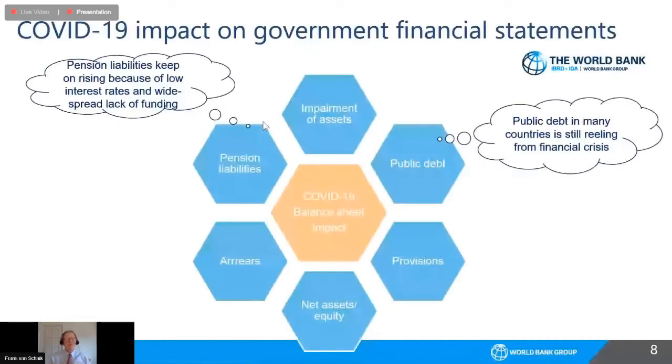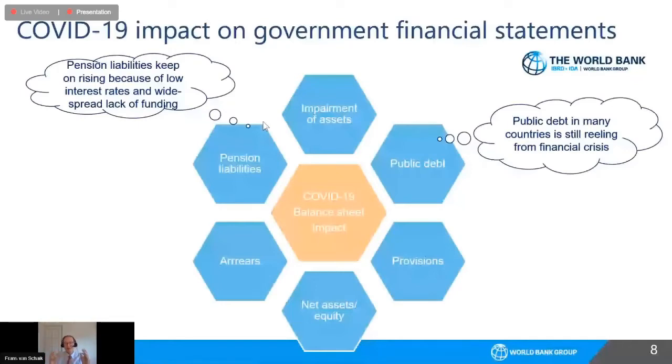So where do we consider that the COVID-19 may have an impact on the government's financial statements? And how can the balance sheet be impacted by the crisis? Well, first of all, the impairment of assets. That is impairment of physical assets that may have a decrease in their value, but it may also be financial assets, so receivables, tax receivables, for instance.